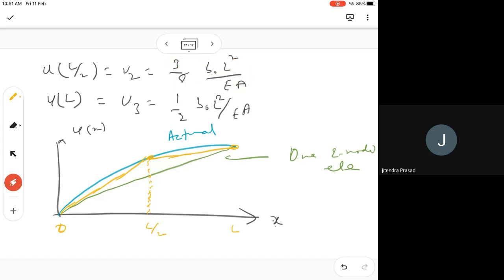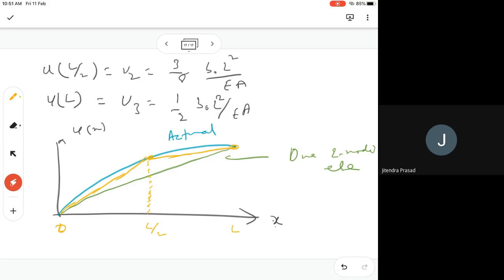Yeah. So see here, single element matches at both the nodes at x equal to 0 and x equal to L. But if you take 2 elements, it also matches here automatically, right? So this solution, 2 element solution is better than 1 element solution. If you increase the number of nodes, this is going to closely follow the exact solution, and hence we do mesh refinement.